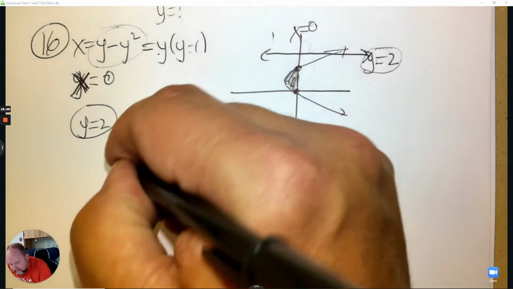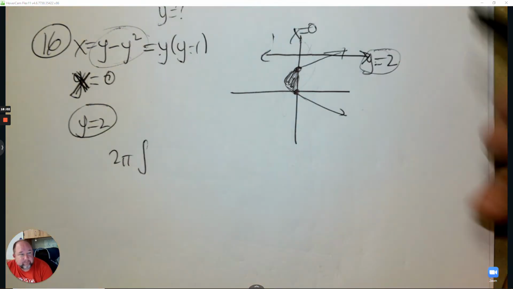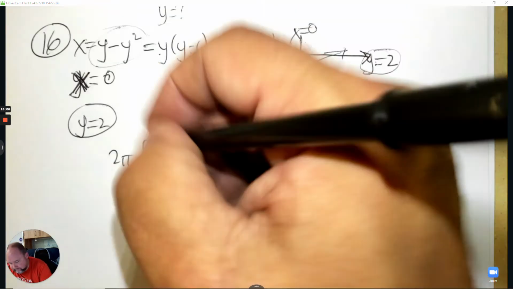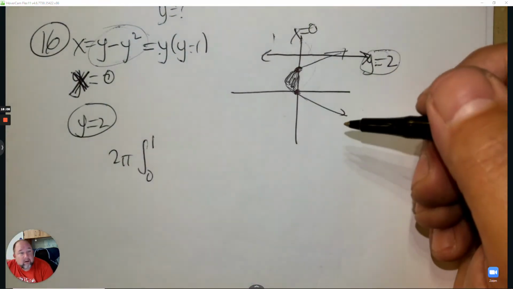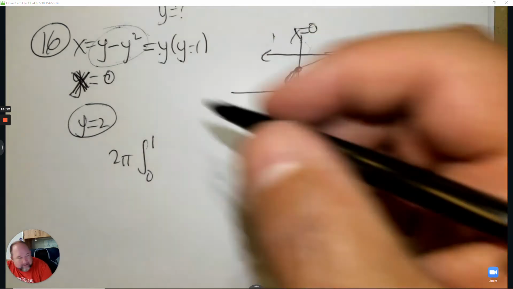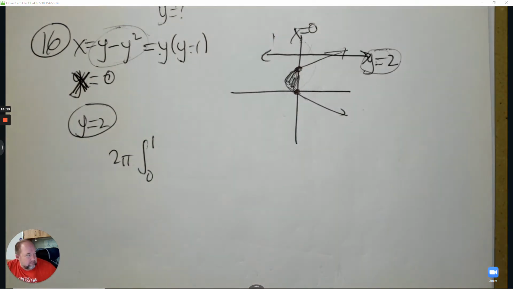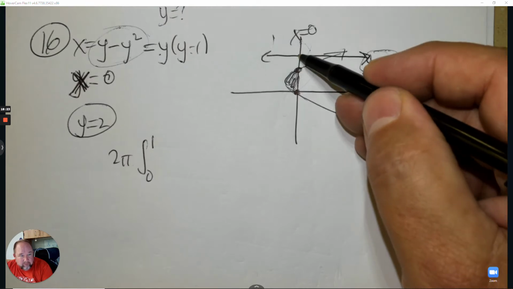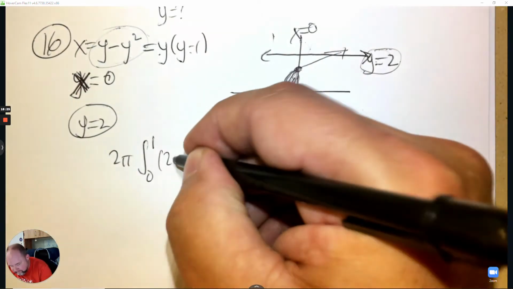And so to find it, it's 2 pi. We're going to go from 0 to 1. The radius is the y coordinate, but it's going to be top subtract bottom. So it's 2 subtract the y coordinate.